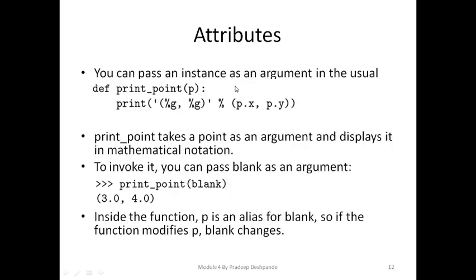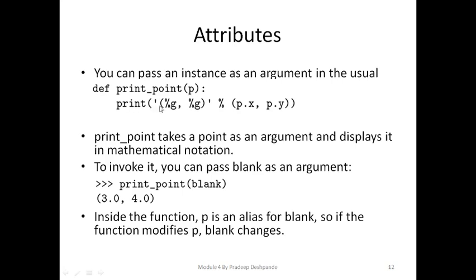Okay, you can pass an instance as an argument as usual. So one function we have defined here, define print point. We are passing p here, so assume this p is nothing but object of the point class.